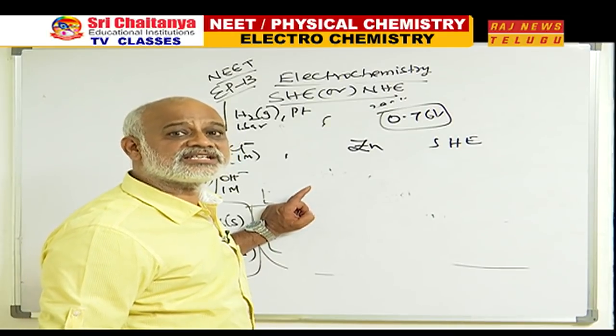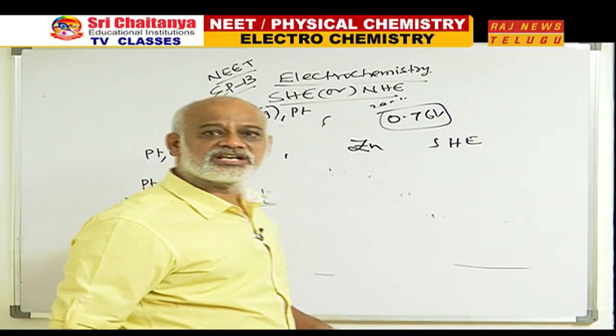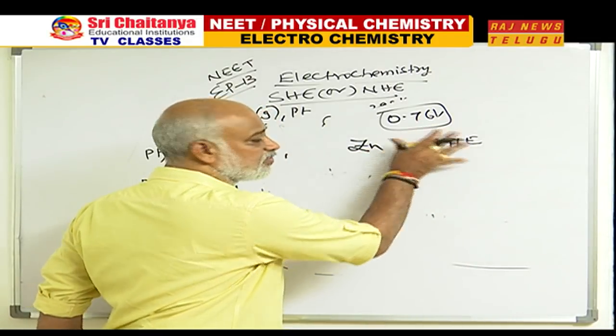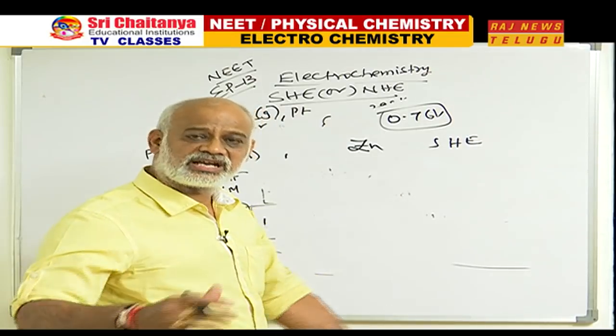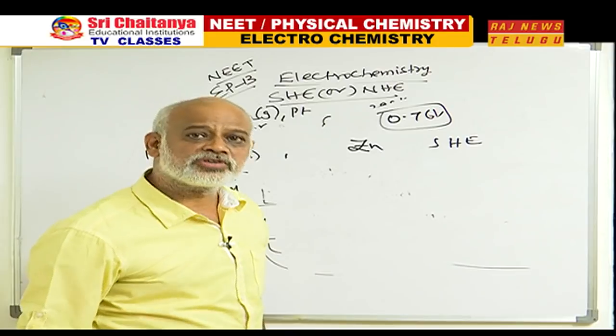Why? Because the potential of SHE or NHE is taken to be 0. Therefore, here the difference is found to be 0.76, which can be taken as the standard electrode potential of zinc. Hope you got it.